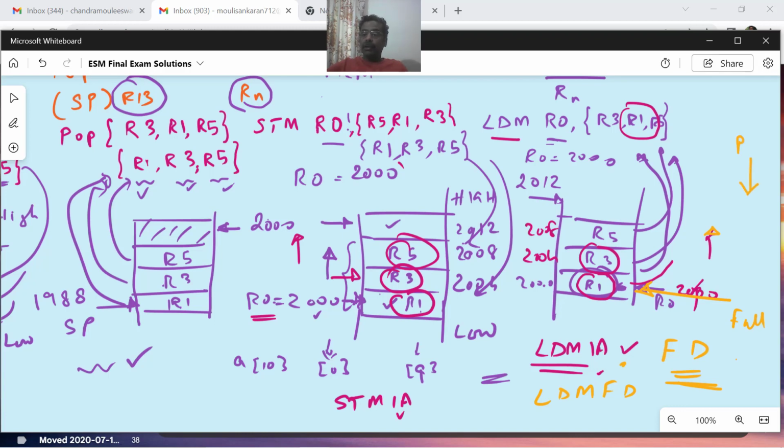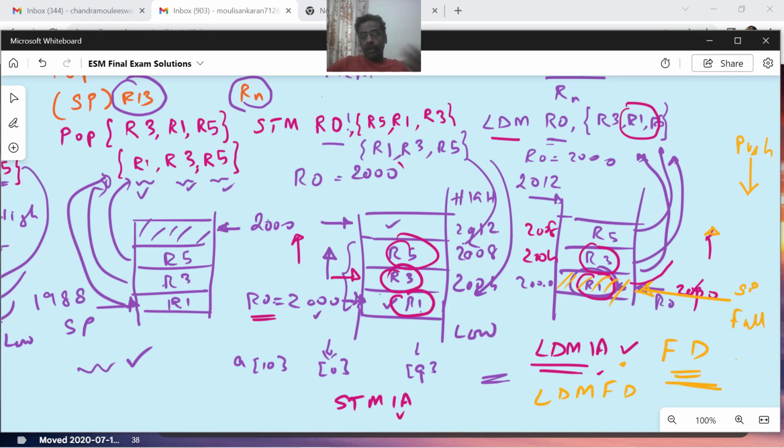During the push, if the stack is growing towards the lower address, it is descending, and if it is pointing at a full location, then it is a full descending, or if it is an empty location, it is an empty descending. Now, if it was a full descending stack, the stack pointer must be pointing at the location which is already full. This is the address where it is going to be pointing.